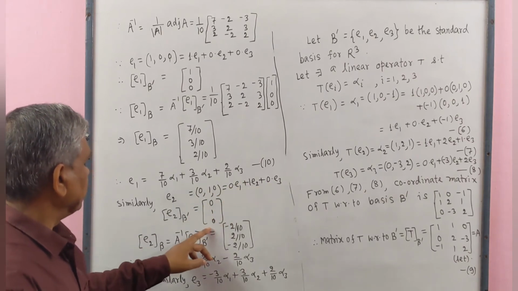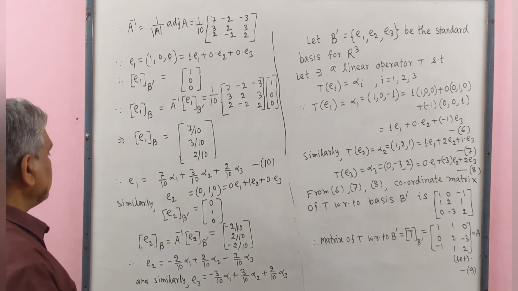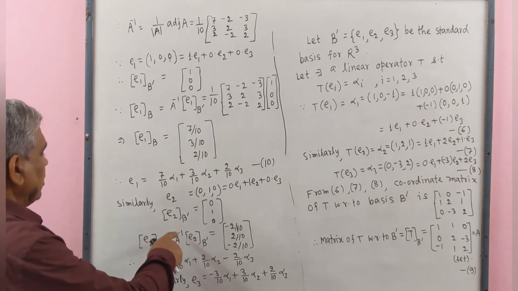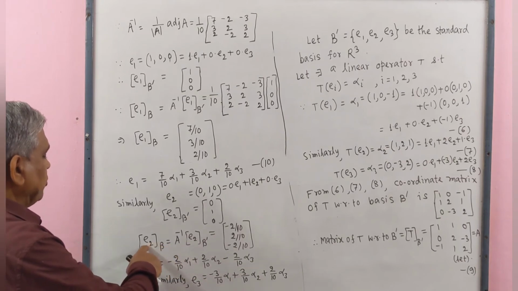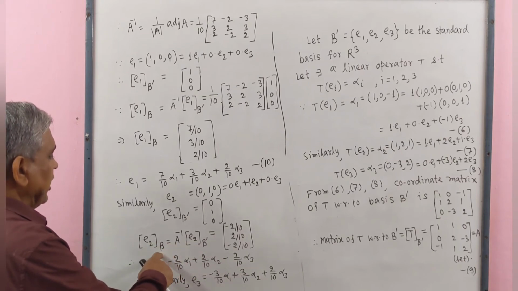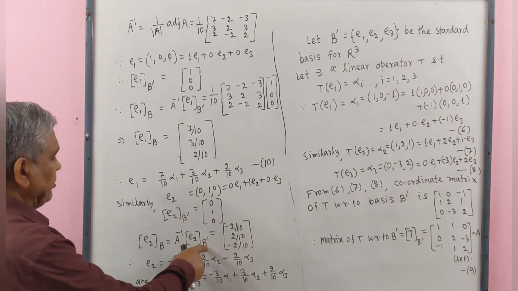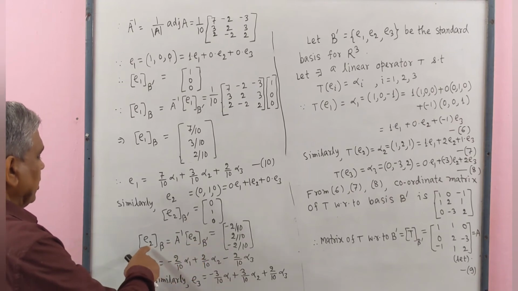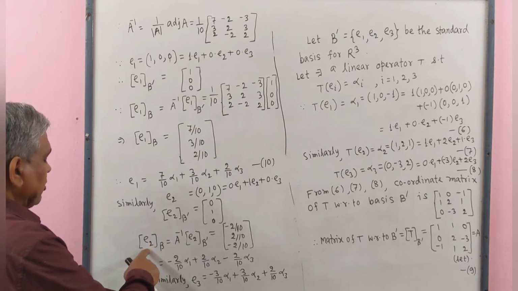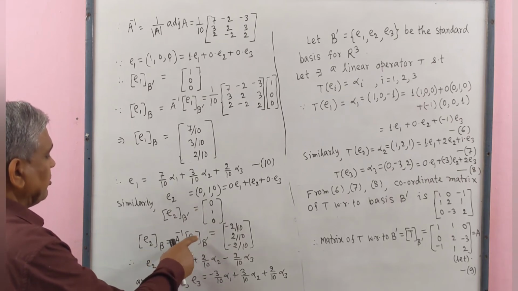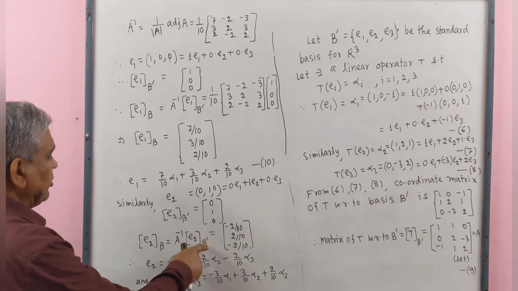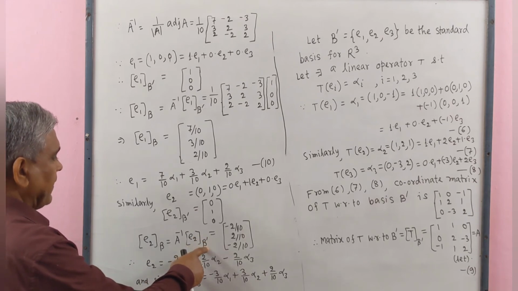The coordinate matrix of e2 with respect to basis B equals A inverse times the coordinate matrix of e2 with respect to basis B prime.